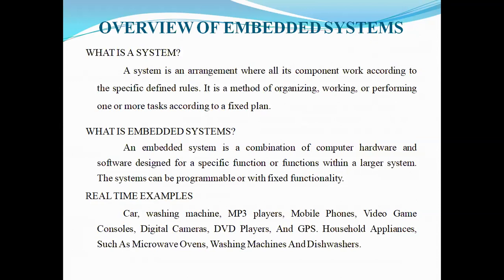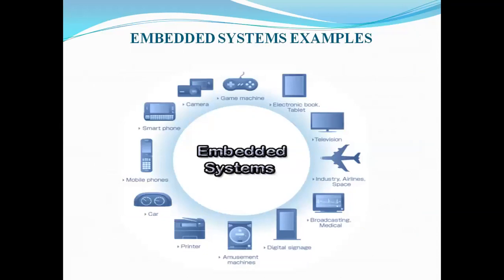So that main specific function plays a vital role, right? That's why these devices are all called embedded systems. So these are all examples of embedded systems: game machine, electronic book tablet, television, industry, broadcasting, medical, digital signature, amusement machines, printer, car, mobile phones, smartphones, cameras.